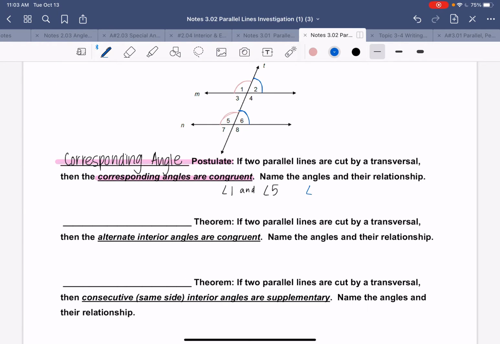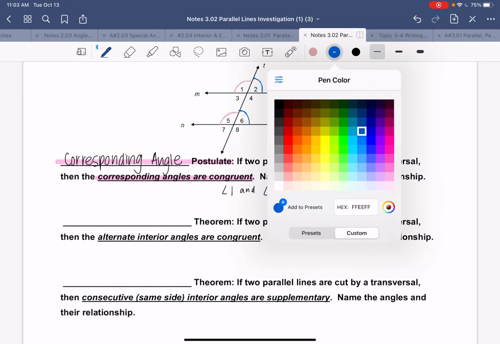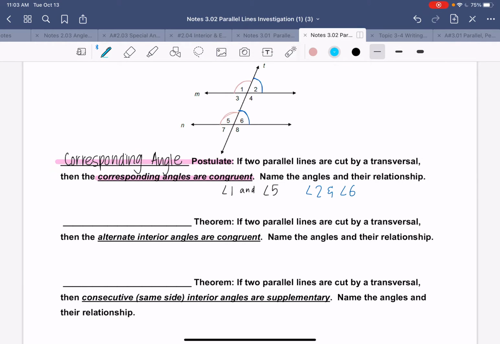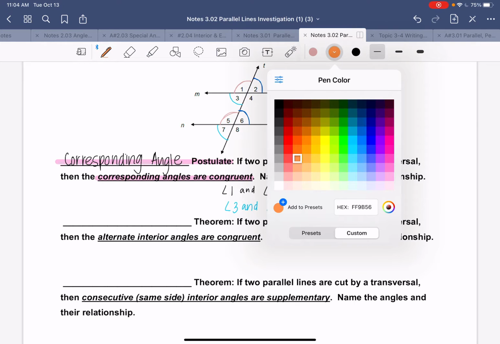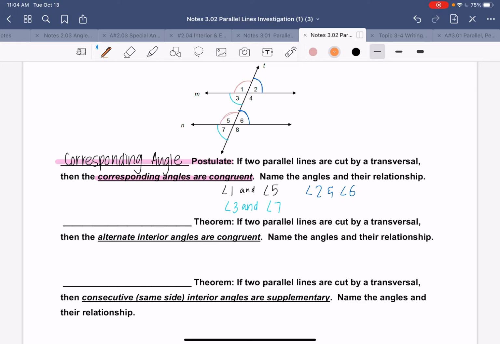We have this light blue, which we can say angle 3 and angle 7 are corresponding. And then last but not least, we can do this orange. Angle 4 and angle 8 are corresponding to each other.